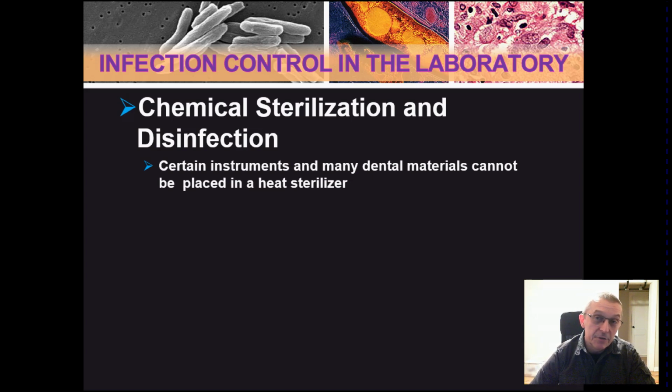Heat sterilization is usually 212 degrees at least, and it is heated up in a closed system using steam, and it kills all of the microorganisms, including spores and viruses. But certain instruments are made out of plastic or are heat sensitive, and these types of instruments cannot be heat sterilized, so we use chemical sterilization techniques.